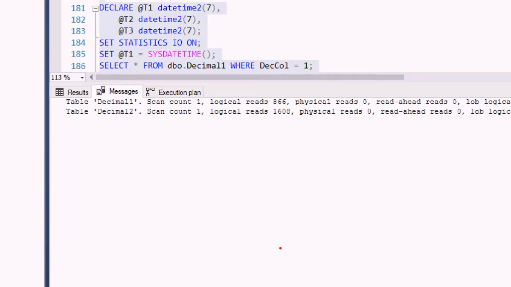And there's a lot of information here, but usually the most significant is the logical reads. And notice right there that I had to read almost twice as many pages, 8K pages, to satisfy that second query, the one that had the larger data type. Same exact data, just a different data type.